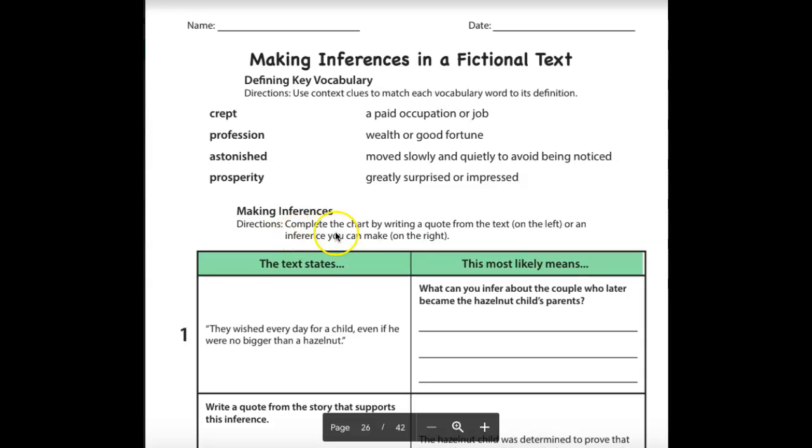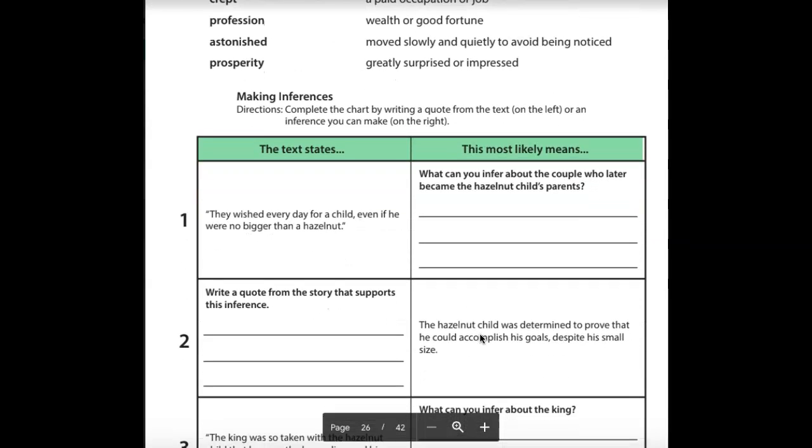Making inferences. Complete the chart by writing a quote from the text on the left, or an inference you can make on the right. So it says, they wished every day for a child, even if he were no bigger than a hazelnut. What can you infer about the couple who later became the hazelnut child's parents?